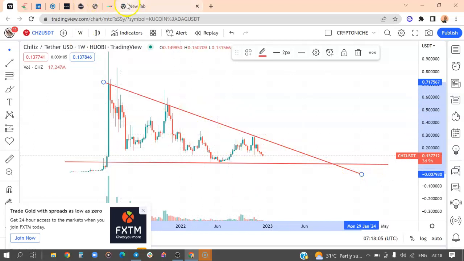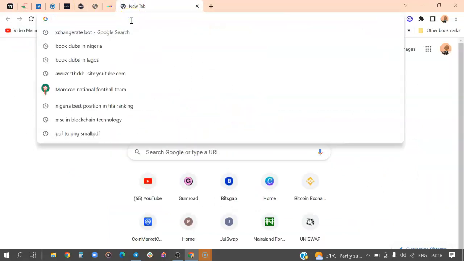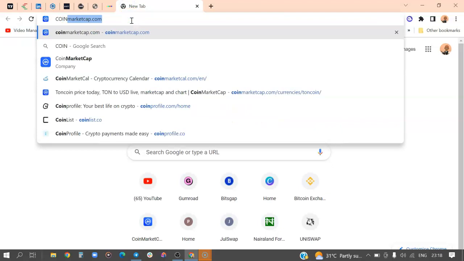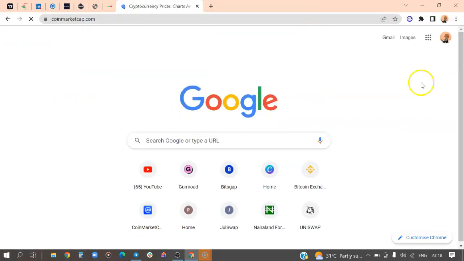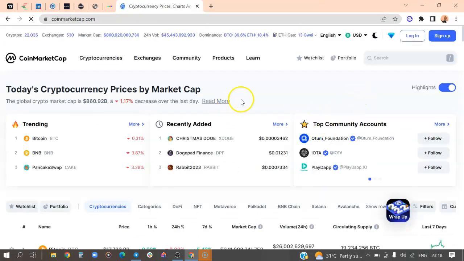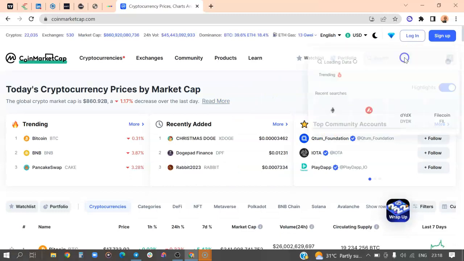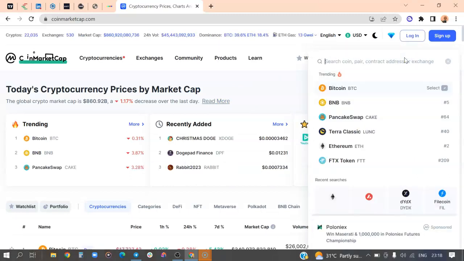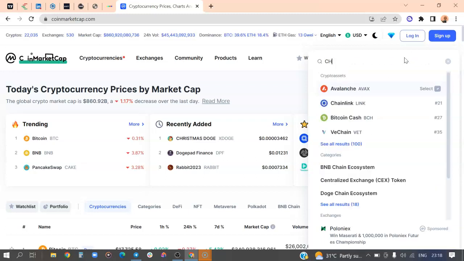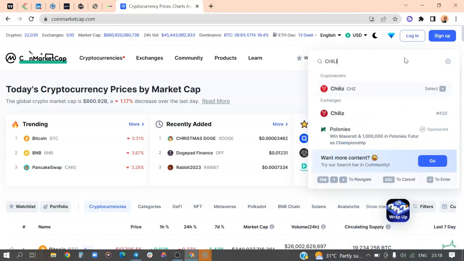But before we do that, let's have a look at CoinMarketCap, coinmarketcap.com. The next thing we'd like to do from here is to search for Chiliz. They have their own blockchain.